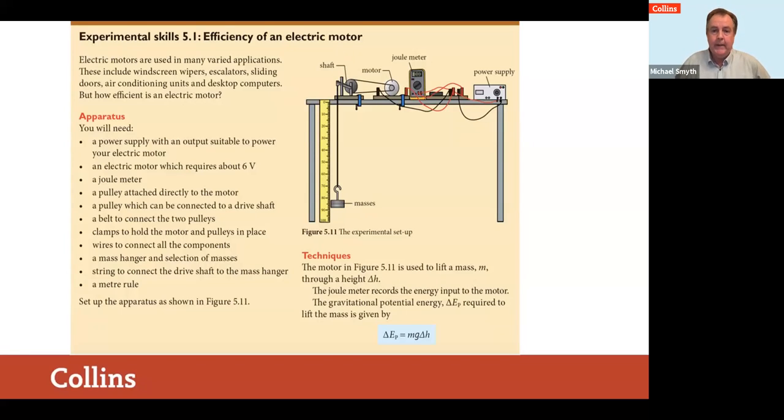It was written so that teachers could do these as dry exercises, or alternatively, if they had the equipment, they could do the experiment. So this experiment is about finding the efficiency of an electric motor. And you've got a little joule meter measuring the electrical energy supplied to the motor. And then we calculate the energy output of the motor from these masses that are raised up through a certain height. So that's the background to the experiment.